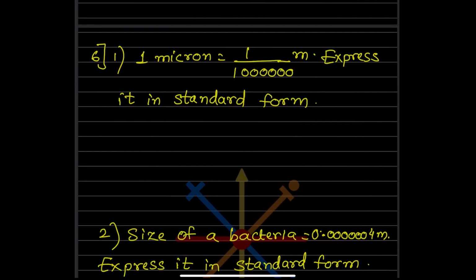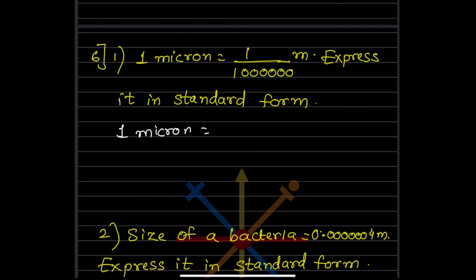Now let us see here, it's given 1 micron is, and you have to express this in the standard form. So we can write 1 micron is 1 by, how many zeros are here? 6 zeros, 3, 4, 5, 6.